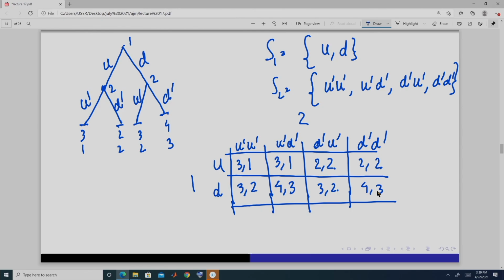In this normal form game, if you want to find the pure strategy Nash equilibrium: if player 1 plays U, player 2 is indifferent between these two strategies, and if it plays this, player 1 is going to deviate to this. So, this is not a Nash equilibrium, right. But if it plays this again, player 1 is going to choose this, so again this is not a Nash equilibrium.